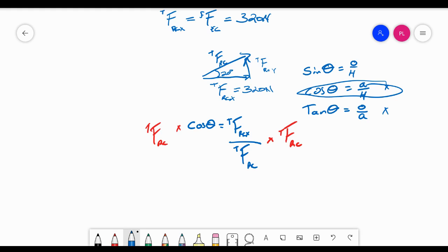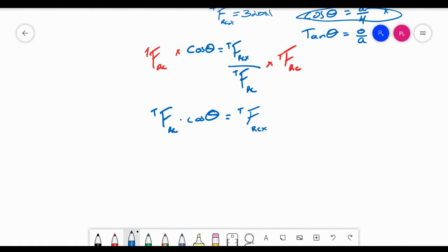And now I get this. And I want to get that tension force on its own. So now I'm going to divide both sides by cosine theta just to get that out of the way. And now I get this.